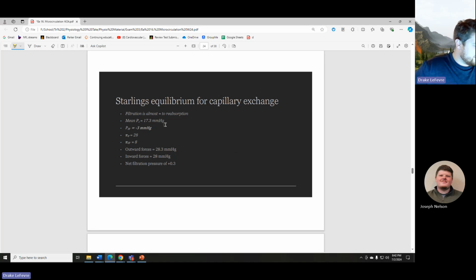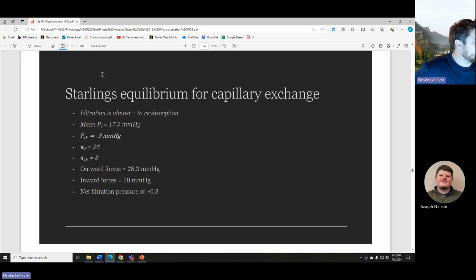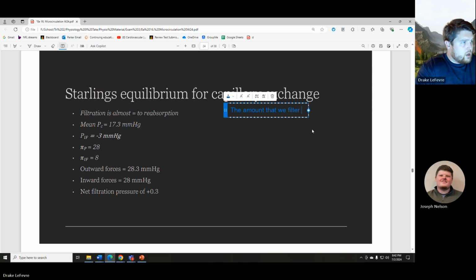What this is saying is kind of weird how he wrote it this way, but basically what this says is the amount that we filter almost equals the amount we absorb back.